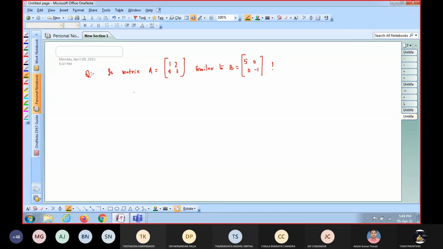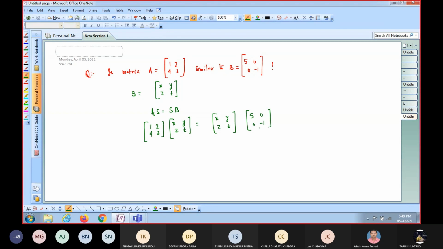So, let us construct S as X, Y, Z, T. A and B will be similar if AS is equal to SB, where S should be some invertible matrix, right? So A, which is 1, 2, 4, 3, into S, where S is X, Y, Z, T, is equal to X, Y, Z, T into B, where B is 5, 0, 0, minus 1.